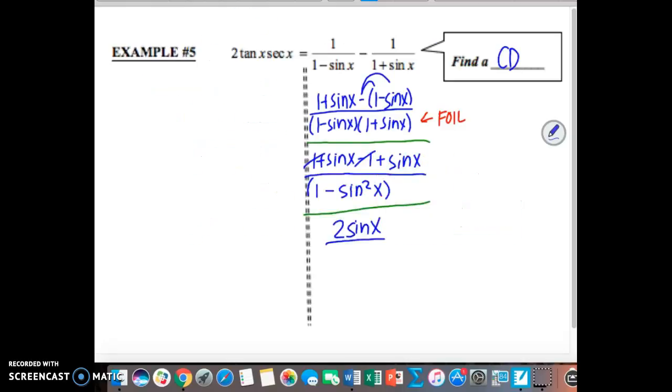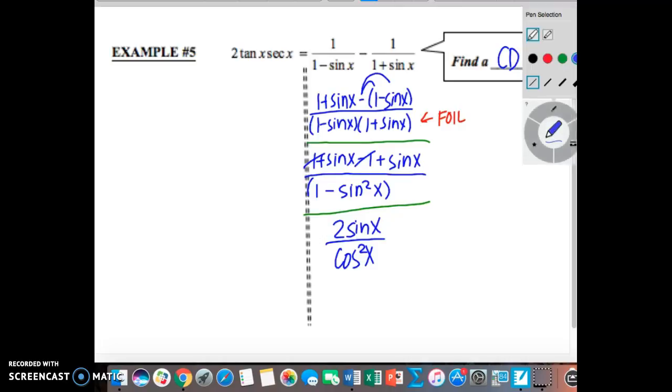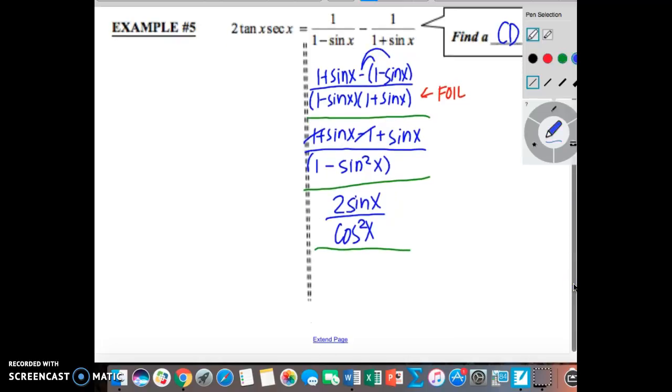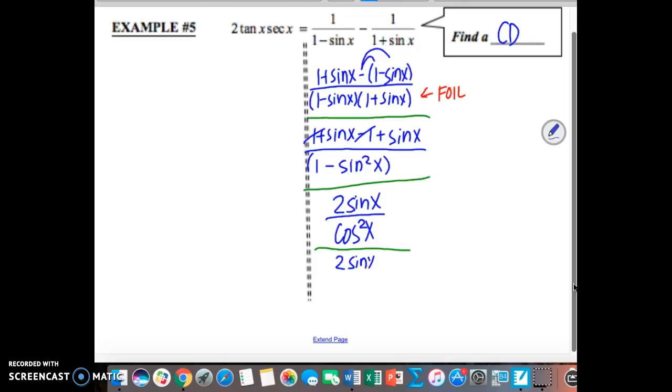So we will replace 1 minus sine squared of theta with cosine squared of x. So now cosine squared of x is the same thing as having cosine of x times cosine of x. We'll have 2 sine of x in the numerator. We'll have cosine of x times cosine of x.